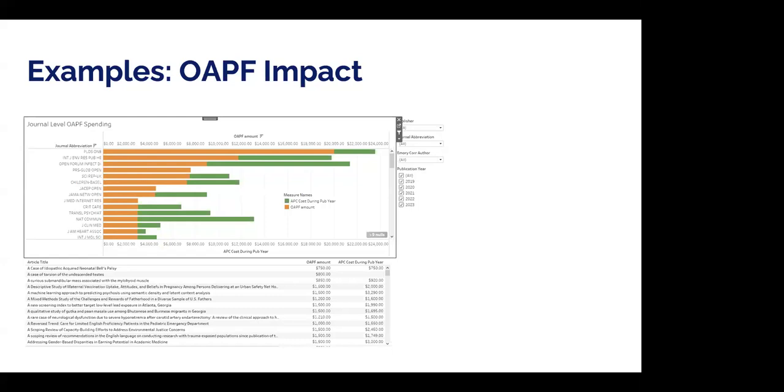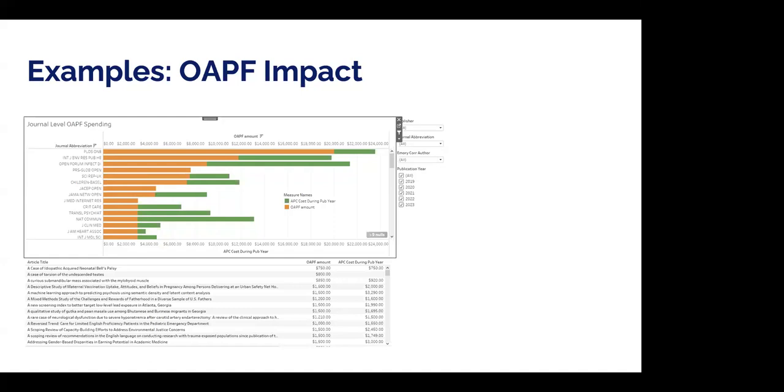And if this is a still, so it doesn't do it, but if you mouse over, those total costs pop up in a little toolbox when you hover over it. And then also in that same view, the amount that the Open Access Publishing Fund has contributed to meeting the cost burden for a particular journal is shown in orange.